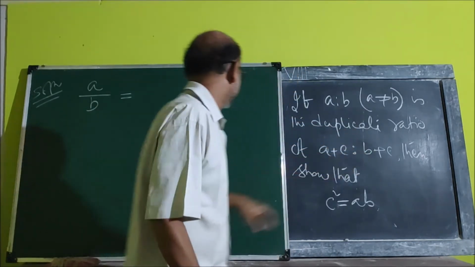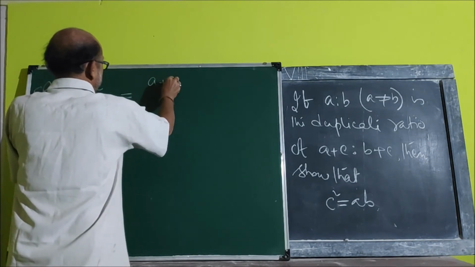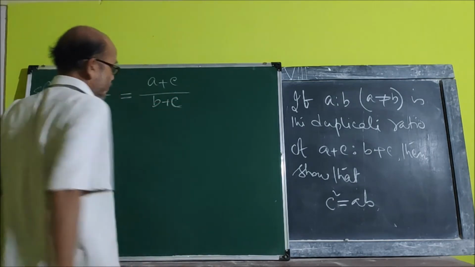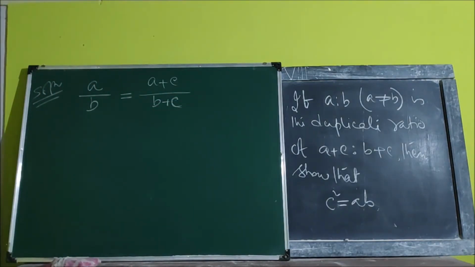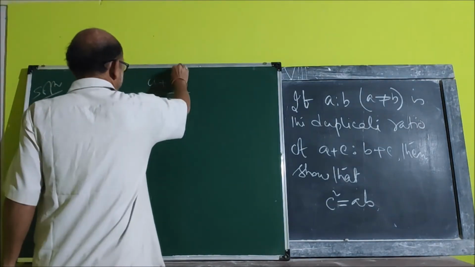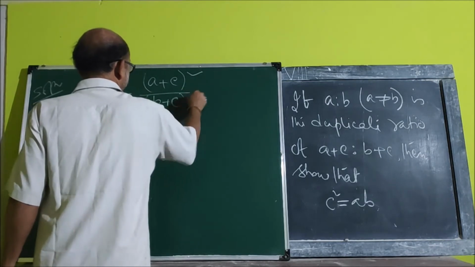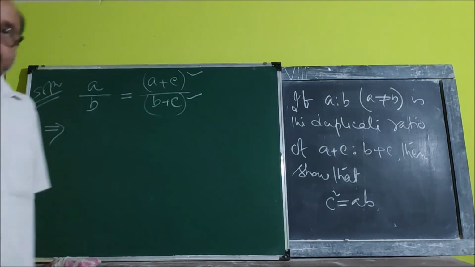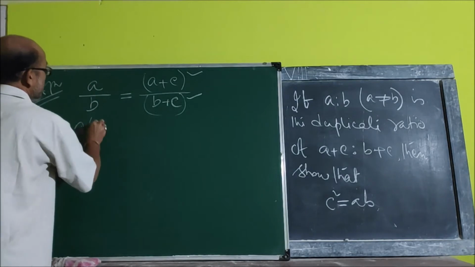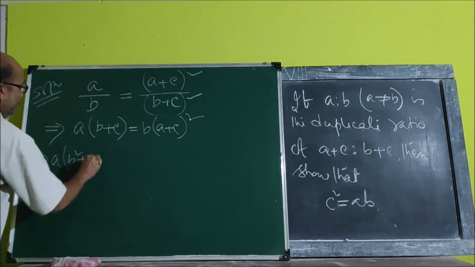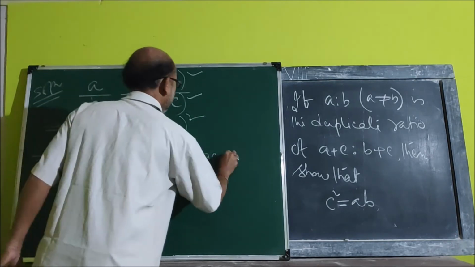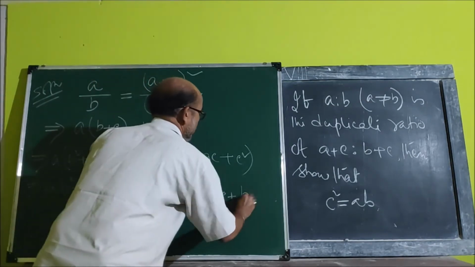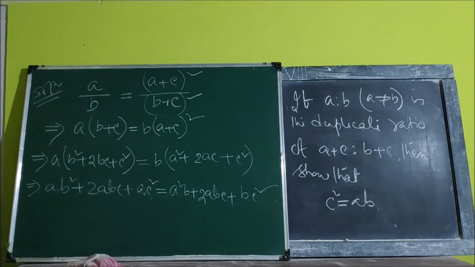Duplicate means square. Now cross multiply.